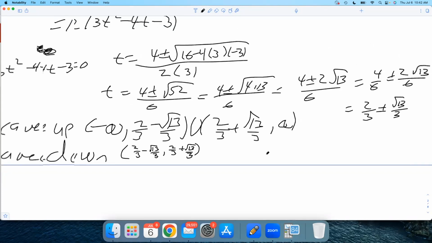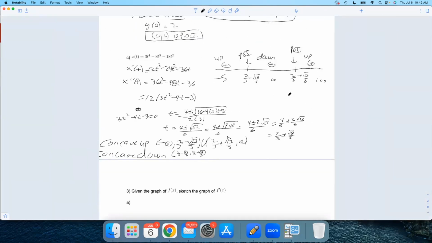And then we have points of inflection. So let's circle that. Point of inflection. I'm not going to make you watch me type these in here. I'm just going to put at x equals 2/3 plus or minus root 13 over 3.